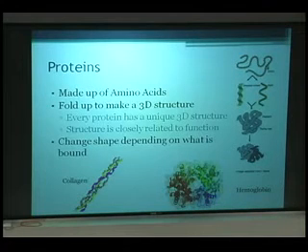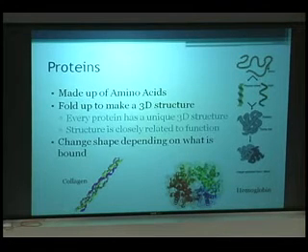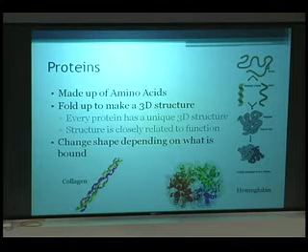So proteins are made up of amino acids. You can think of it as a string of amino acids. And they fold up on itself into a secondary structure and then a tertiary structure, and then it interacts with other subunits and forms a quaternary structure. Every protein has a unique 3-dimensional structure, and the structure is extremely closely related to its function.